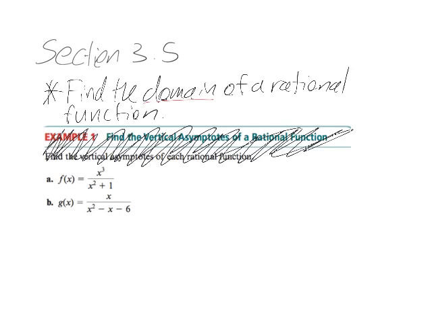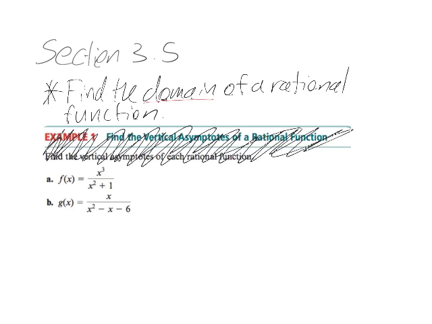Now, just a little reminder about domain. We covered domain in section 2.2, and we did exactly what I'm about to do again in exactly the same way there. So what we have to do is find all of the x's that will work for a particular function and won't cause any trouble. In terms of a rational function, what would cause trouble is a 0 in the denominator, so that's what we want to avoid.